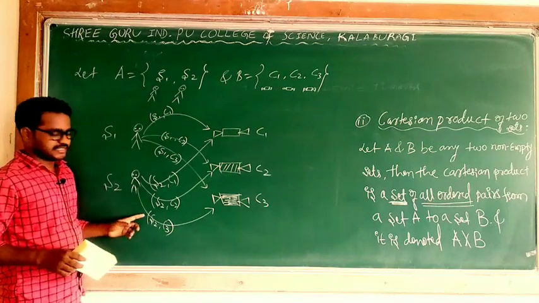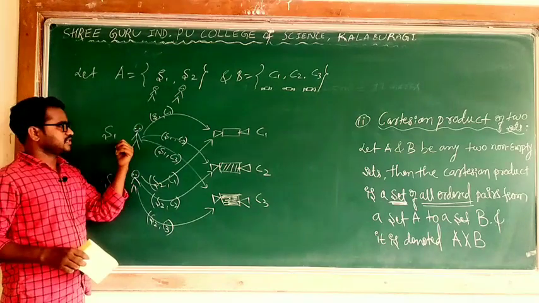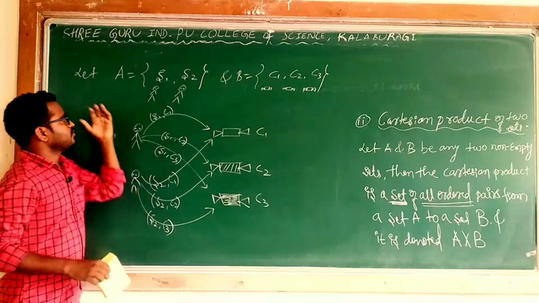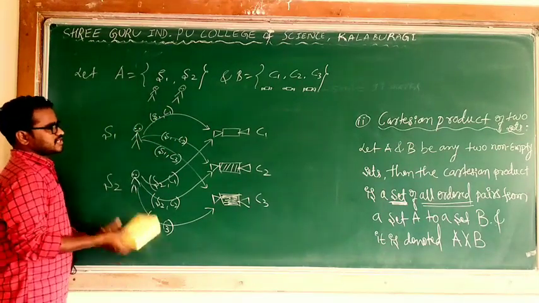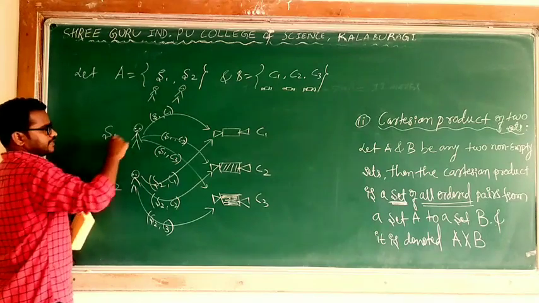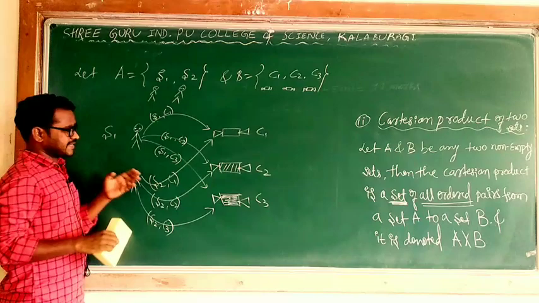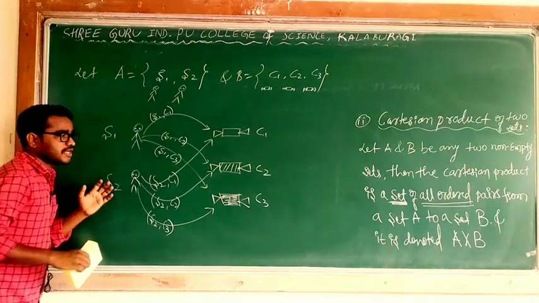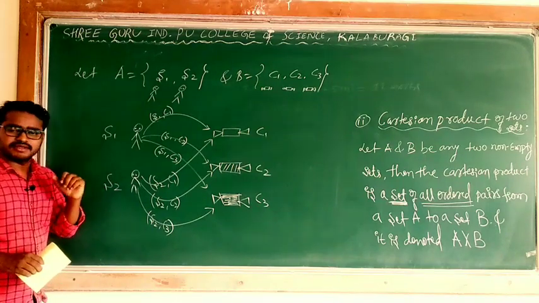Another three ordered pairs. The first set has students, the second set has chocolates. When we form the Cartesian product A cross B, the first student can take the first, second, or third chocolate. Likewise S2 can take the first, second, or third chocolate.